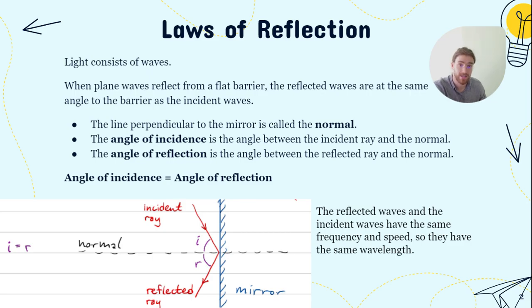So that line is perpendicular and the angle of incidence is going to be the angle between the light coming in and the normal. Between those two lines, angle of incidence. The angle of reflection is going to be between the reflected ray and the normal. And what the law of reflection is basically saying is the angle of incidence is going to equal the angle of reflection. That's it.